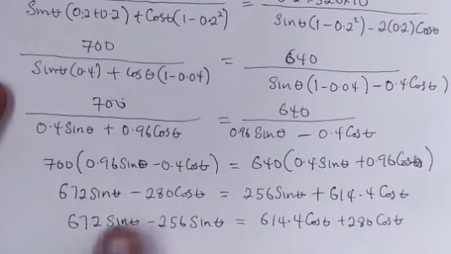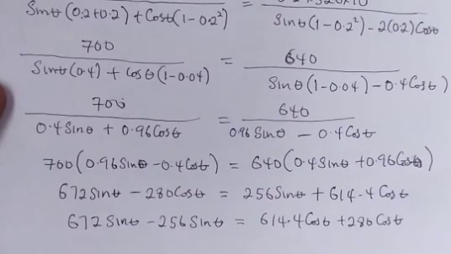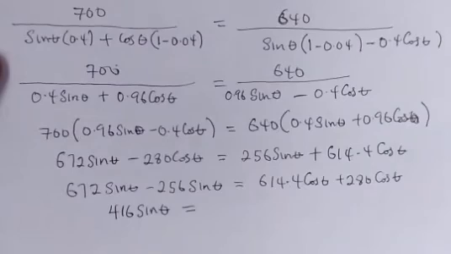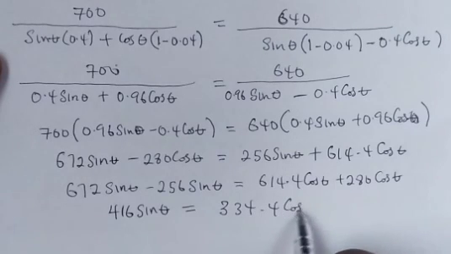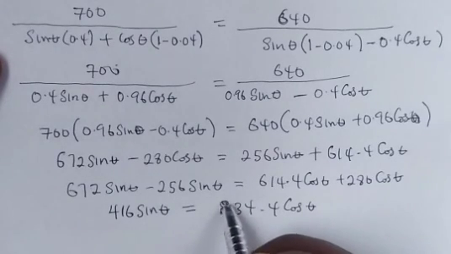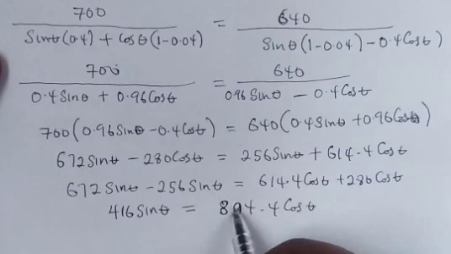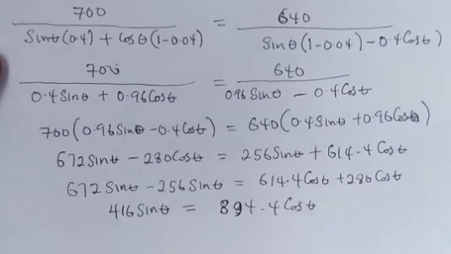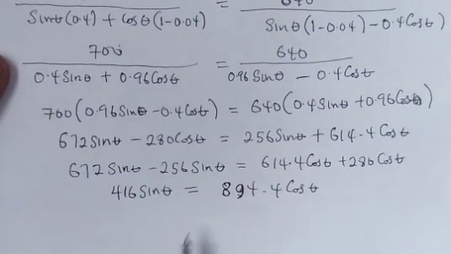So we'll be having, when you add 672 and 256, since they are like terms, I'm going to be having 416 sine theta equals to 614.4 plus 280, we'll be having 894.4 cos theta. So you're adding them.